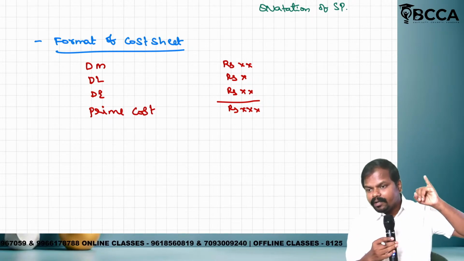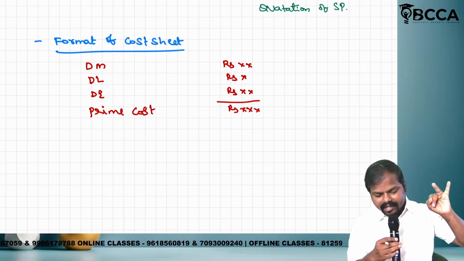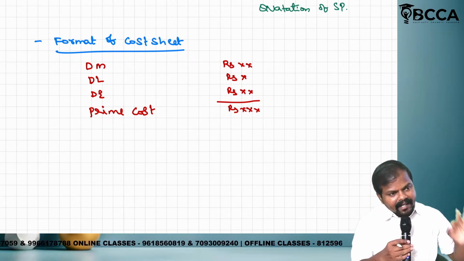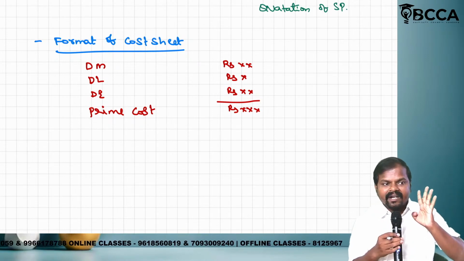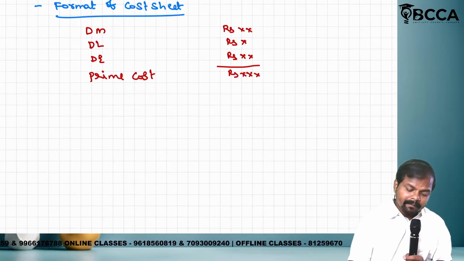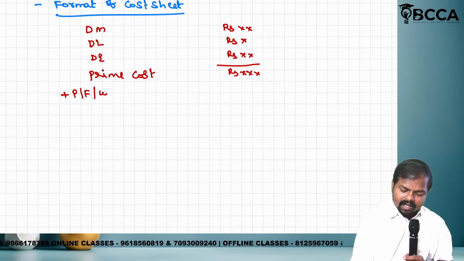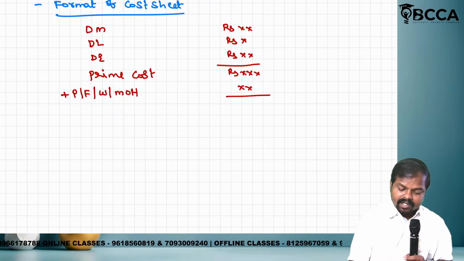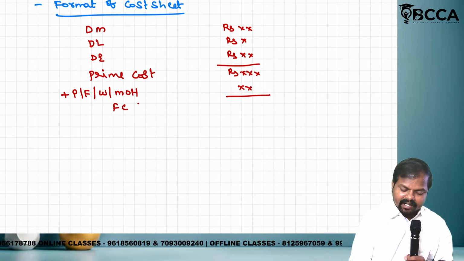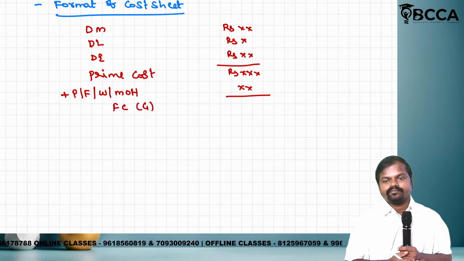Now, time to participate with me. Number 1, direct material. Number 2, direct labor. Number 3, direct expense. Result will be referred to as prime cost, plus factory overheads (works overhead, factory overhead). The result will be referred to as factory cost gross.